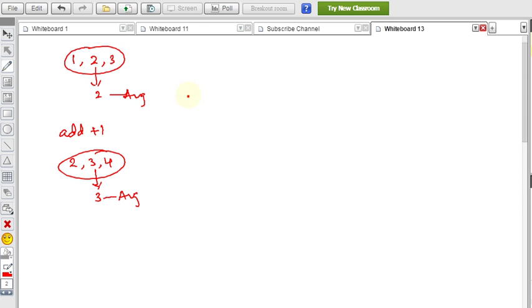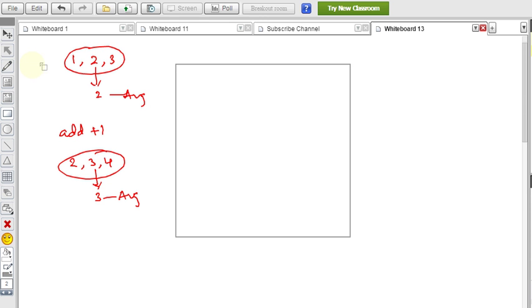So you can write one simple box for this. If you add x to every number, then for the average also you need to add x. If you subtract y from every number, then for the average also you need to subtract that number.